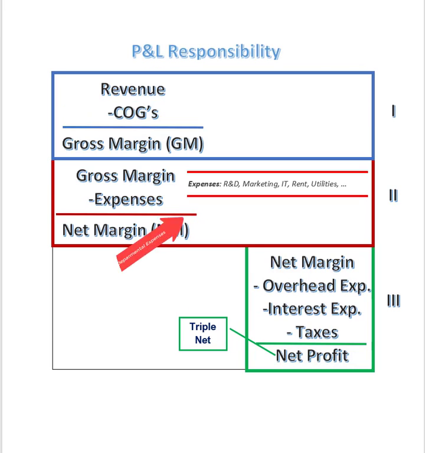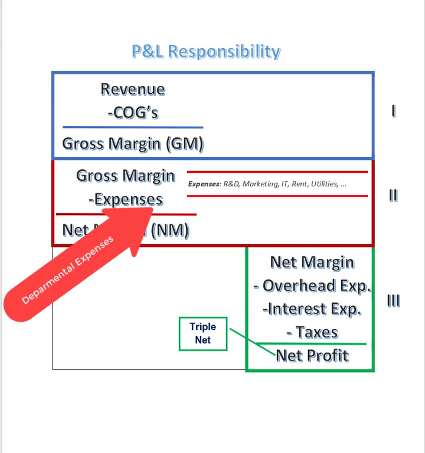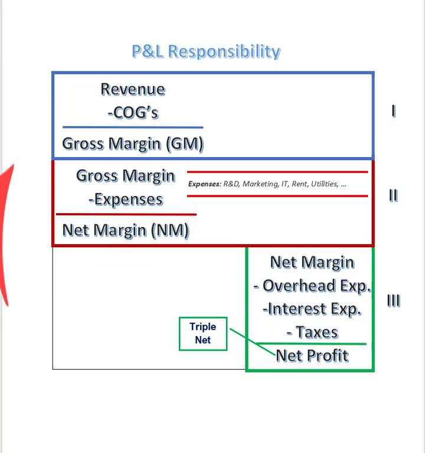Regarding Part 2 of the P&L, there are many departments responsible for the associated expenses: research and development, marketing, IT, for example, human resources. Expenses are rent, which would be considered overhead, utilities, and so on.